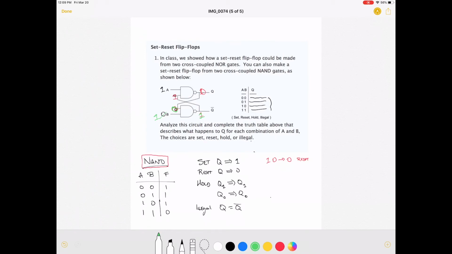So when we went from 1, 0 to 1, 1, there was no change, so we can call that hold. So 1, 1 will probably be hold, but let's make sure that if we go from 0, 1 to 1, 1, that one is also hold.